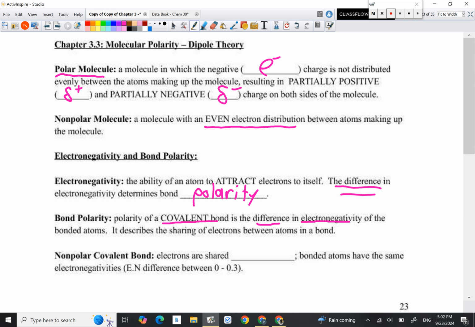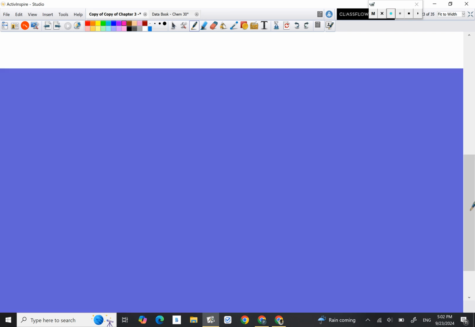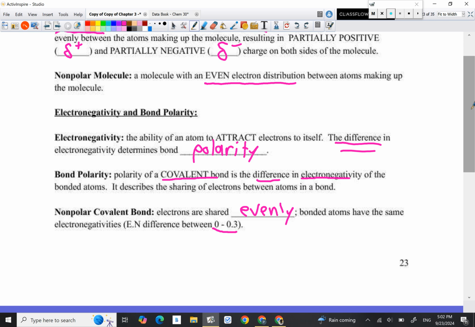So the different types: first, a nonpolar covalent bond. This is where the electrons are shared evenly between the bonded atoms, and we're looking for a difference between 0 and 0.3. If you Google bond polarity, you might see some places say 0.4. 0.4 is kind of the gray area between polar and nonpolar.